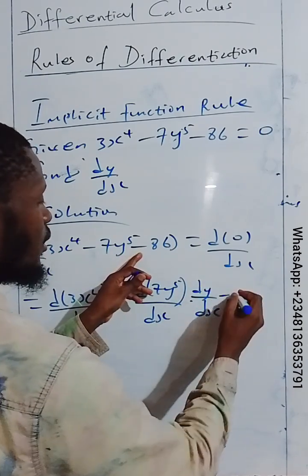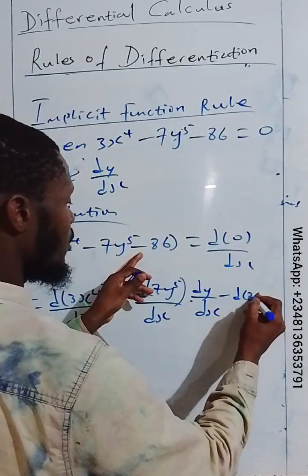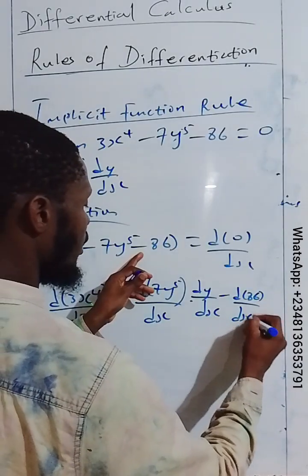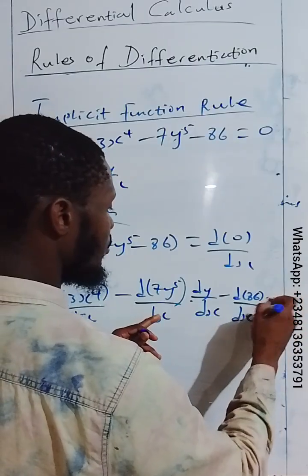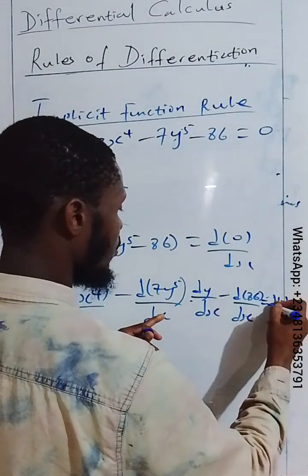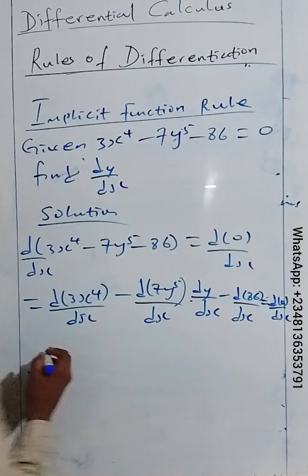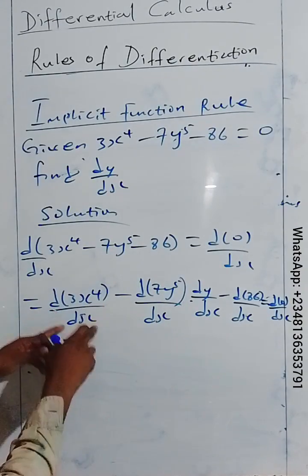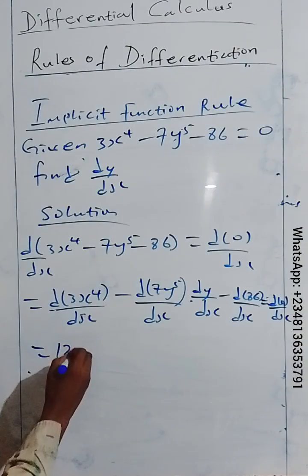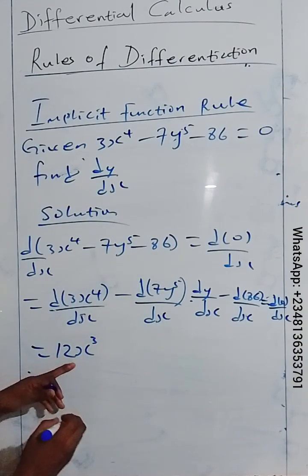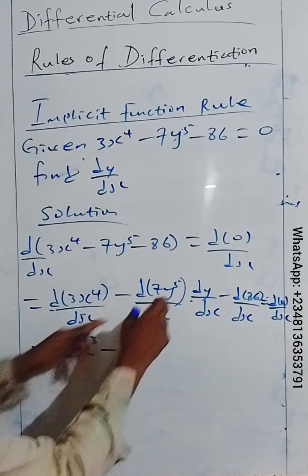Next one is minus d of 86 over dx, then d0 over dx. When we differentiate with respect to x, we multiply the power by the coefficient. We have 12x raised to the power 3. We are done with this, and we move to the second one.